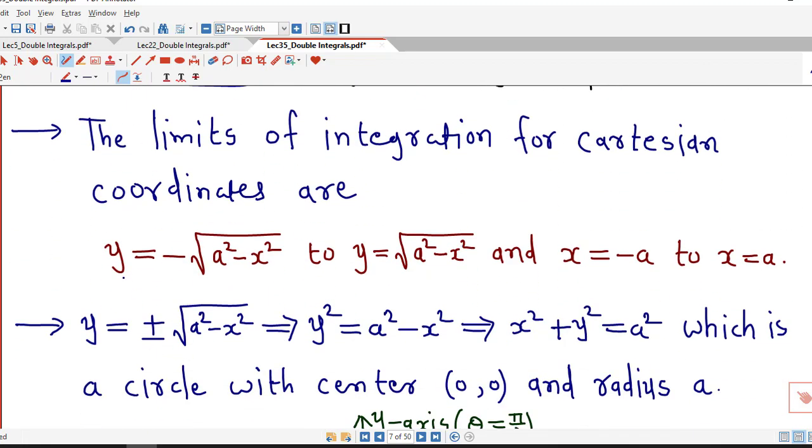Limits of Cartesian coordinates are from y equal to negative square root of a square minus x square to y equal to positive square root of a square minus x square, and x is from minus a to a.